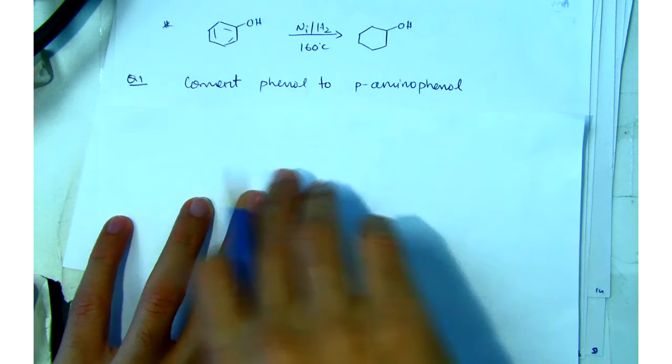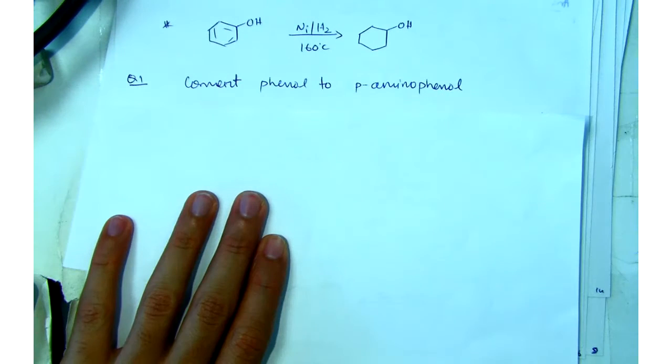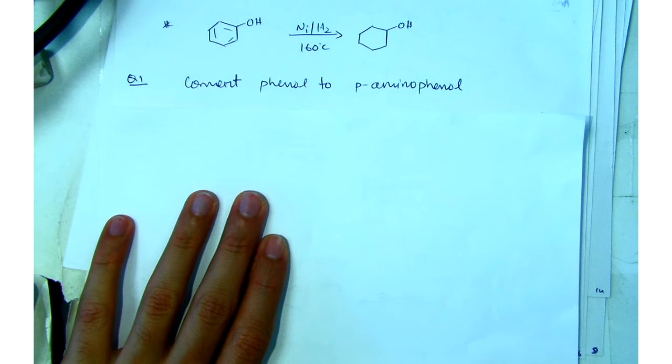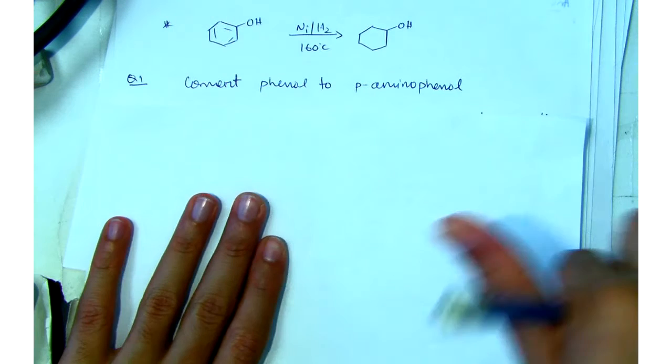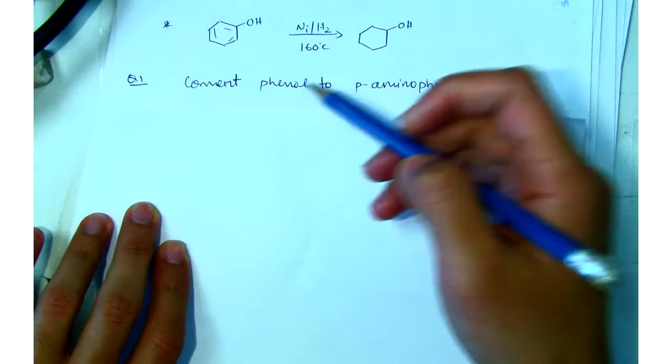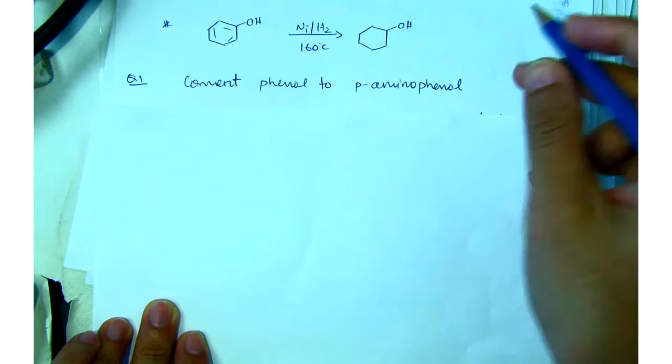Br to NH2, you're saying. But how will you convert Br to NH2? You cannot use ammonia for doing that. We need to get NO2 on the para position, then reduce that to NH2.